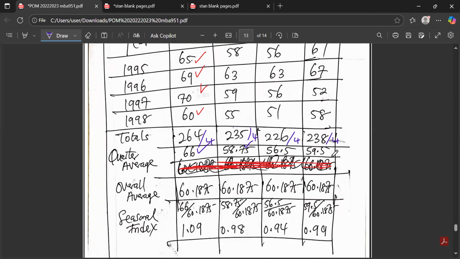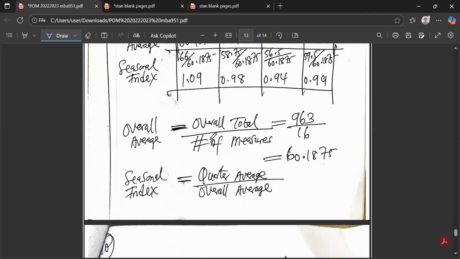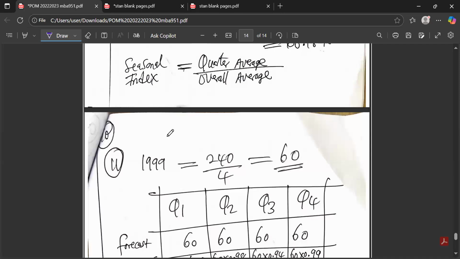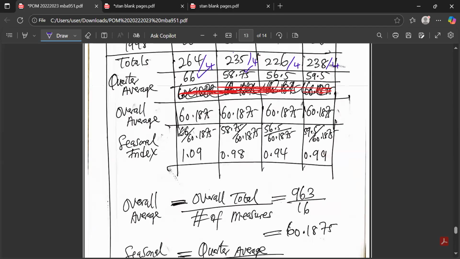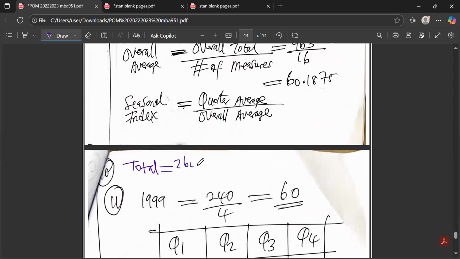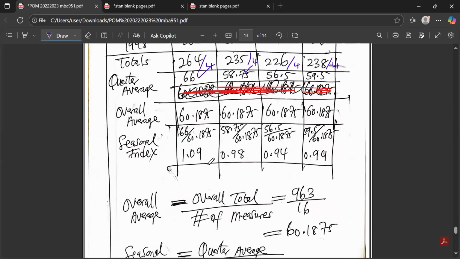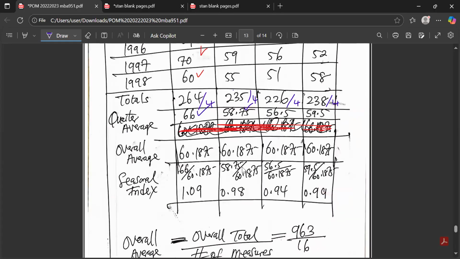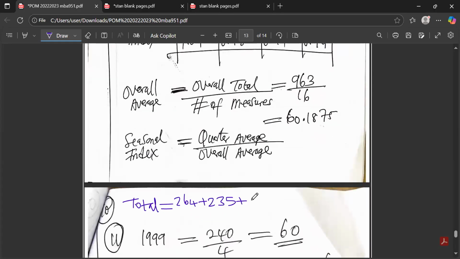So the overall average is equal to overall total. So overall total is 963. The 963 was found by the total, which was actually equal to 264. So 264 plus 235, then plus the other one, 226, then plus 238.